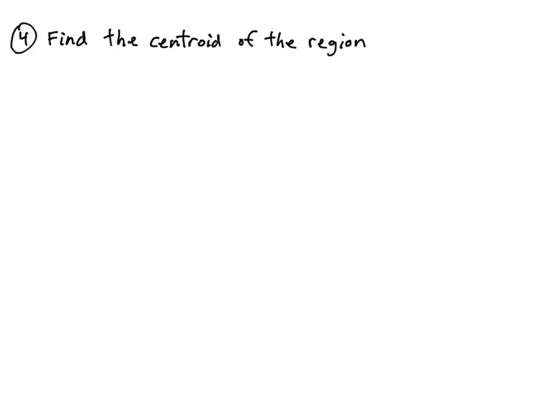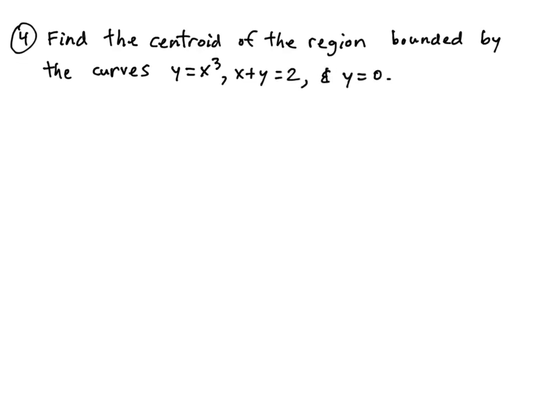Find the centroid of the region bounded by the curves y equals x cubed, x plus y equals 2, and y equals 0. Now this is a more complicated one because we have 3 different functions, and so we actually need to figure out where these functions meet.